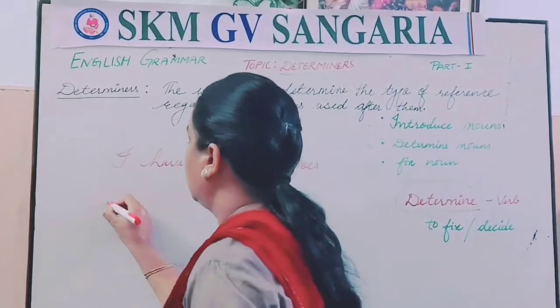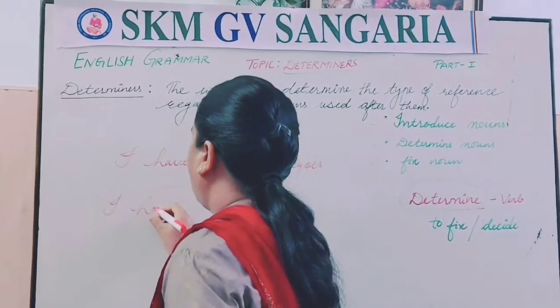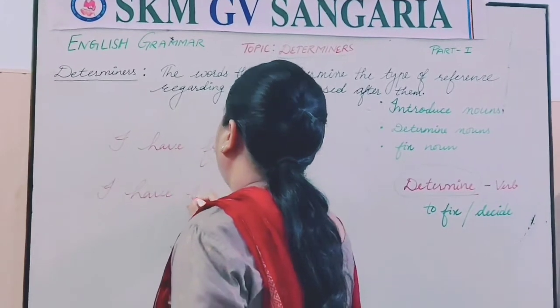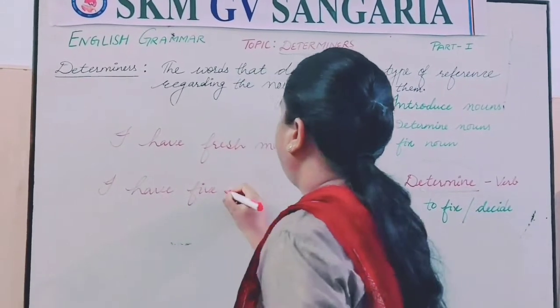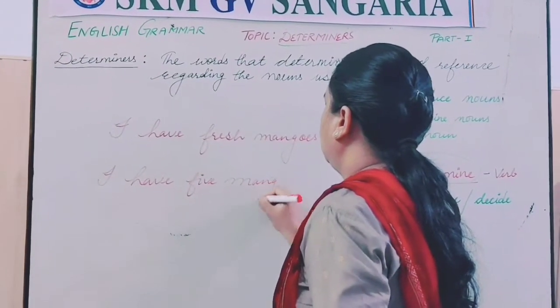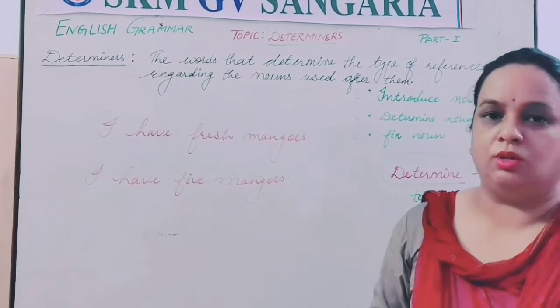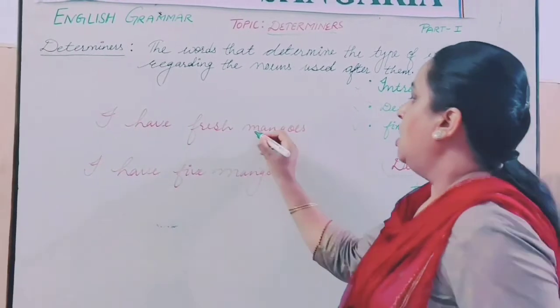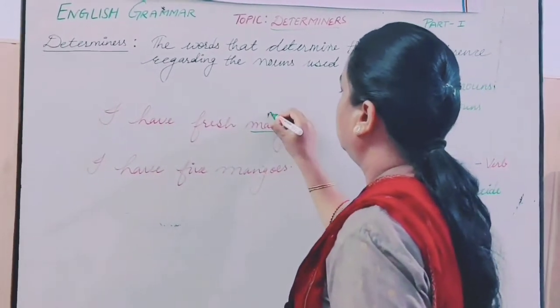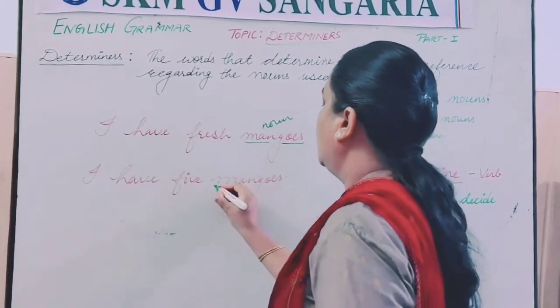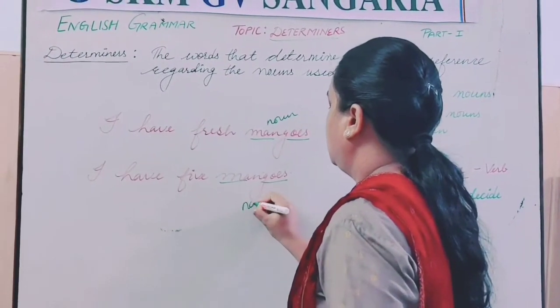And in the second sentence, I will write, I have 5 mangoes. Clear? In both sentences I am talking about the mangoes. So what is the noun here? Mangoes is the noun. Clear? Here too and here too.